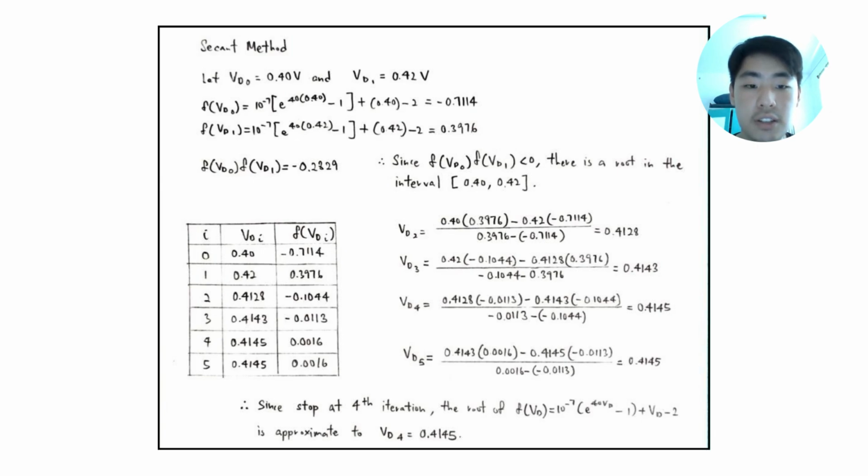After using the intermediate value theorem, we can find that there is a root between the intervals, so we use the data to do the secant method, and finally the process stops at the fourth iteration. We conclude the root is approximately VD4, which is 0.4145.